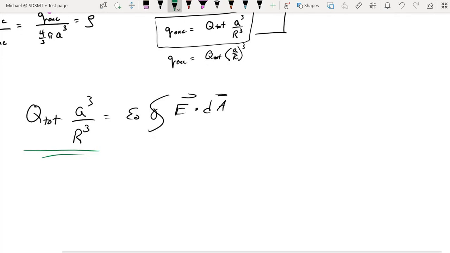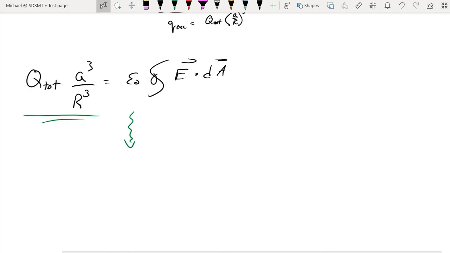But if we continue through the math of Gauss's law, you'll remember that our previous arguments state that the electric field at any radius of A should be uniform. So our electric field can come out of the integration process after we take care of the dot product. But again, we've already been through this example before.